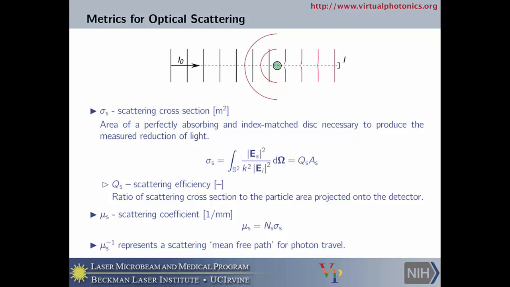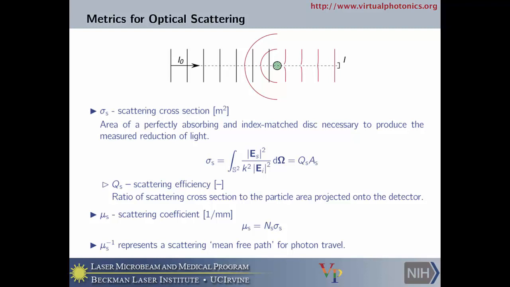It will most likely capture something that is less than I naught. And the question is, if I replace this scatterer with a perfectly absorbing and index-matched disk, it has to be index-matched because we don't want the disk to produce any scattering, how large would that disk have to be in order to produce the measured reduction in intensity?